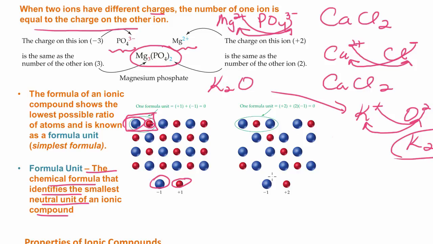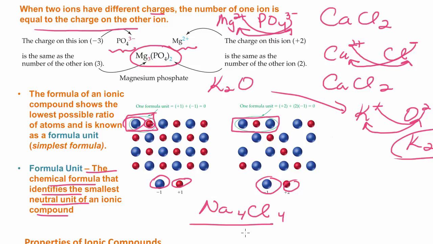Here, the blue sphere is a -1, the red sphere is a +2. So 1 formula unit would be composed of 2 -1s. This would be 1 formula unit. So for example, let's say I wrote sodium chloride this way.